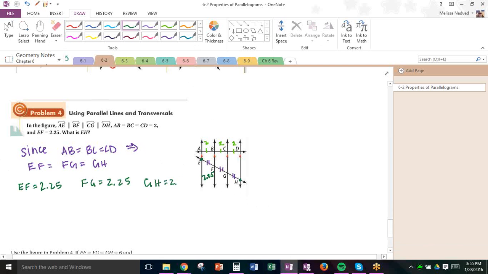So, if I want to find EH, that's just going to be the sum of each of those 3 segments. So that's EF plus FG plus GH, and each of those segments is 2.25. So it's really just 3 times 2.25, or 2.25 added together 3 times, which gives us a total length of 6.75.